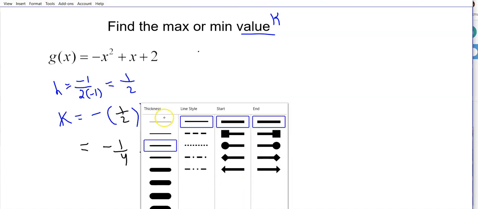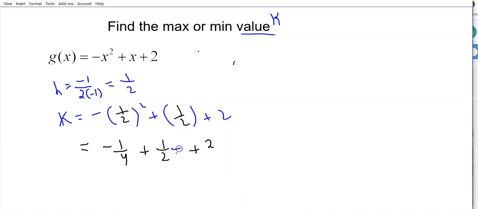And so let's get the same denominator so we can add these up. So this will be 2 over 2. This would be 4 over 4 to get the same denominator. So I get -1/4 plus 2/4 plus 8/4, which is 10/4 minus 1/4 is 9/4.